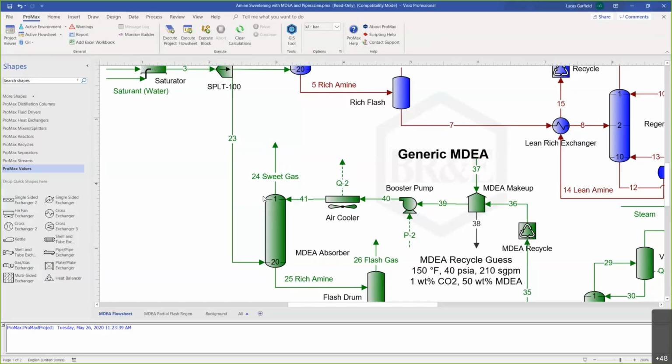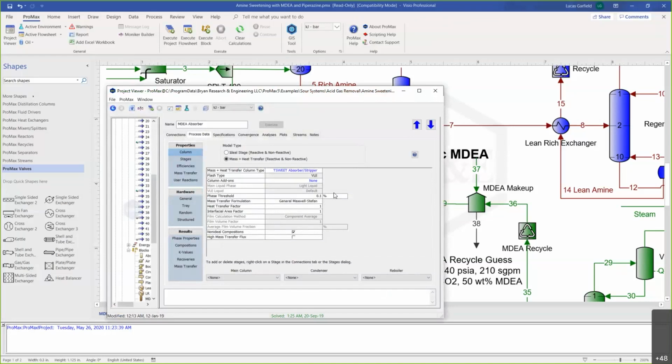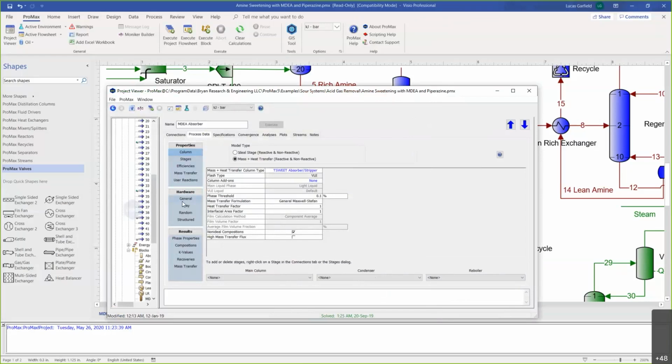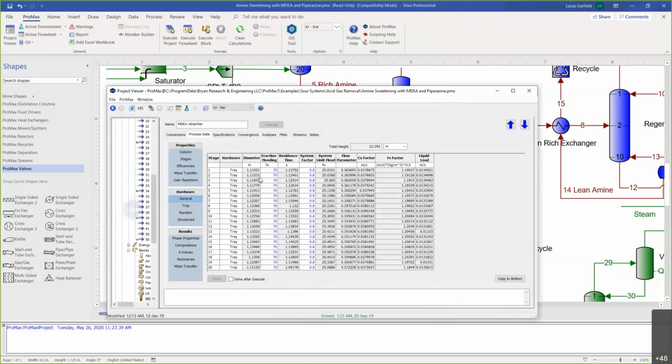Can you use ProMax to determine the weeping point? Well, let's take a look. I'll show you what we've got in terms of column hydraulics. If I open up this amine absorber and go to the general tab, you can see that we're calculating the diameter right now based on a specific fraction flooding.